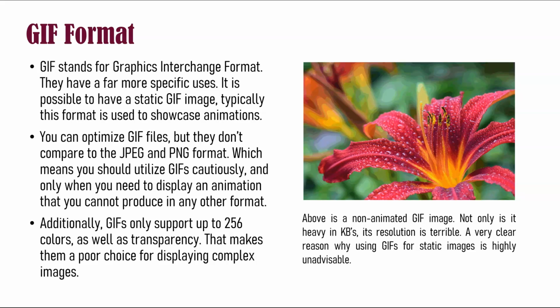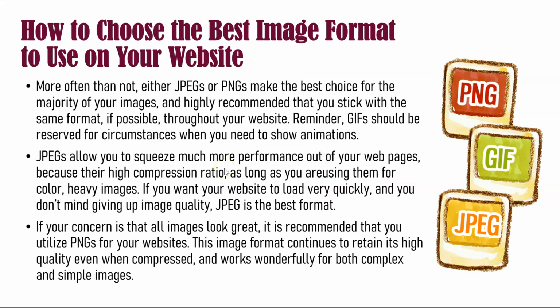So if you look at this file, this is a regular photograph saved as a GIF format, and if you look in the back, you can see a lot of distortion, and that's because it really has too many colors for a GIF file. GIF files generally only support up to 256 colors. So when we're wanting to display animation, that's where we want to use the GIF format.